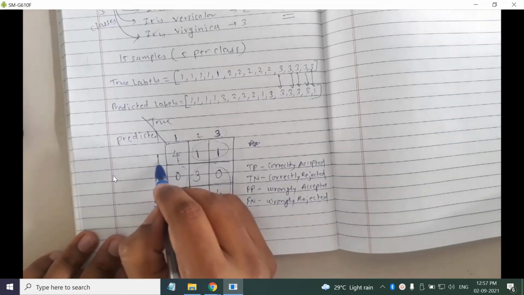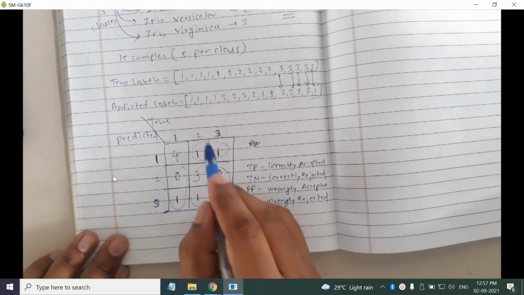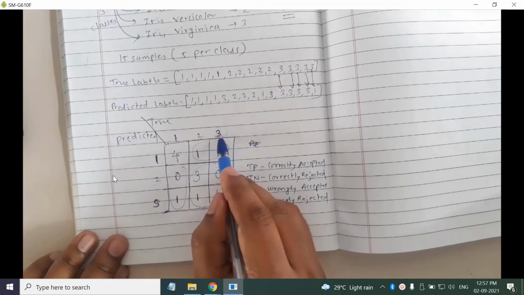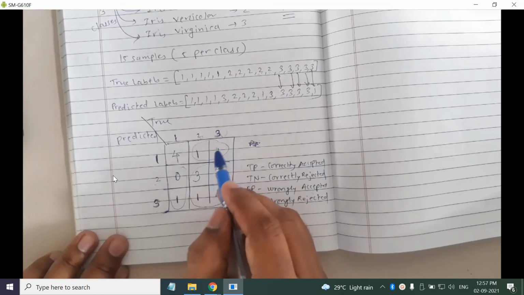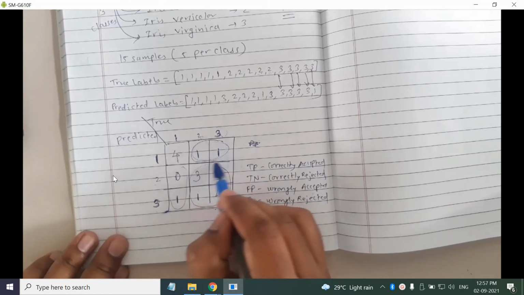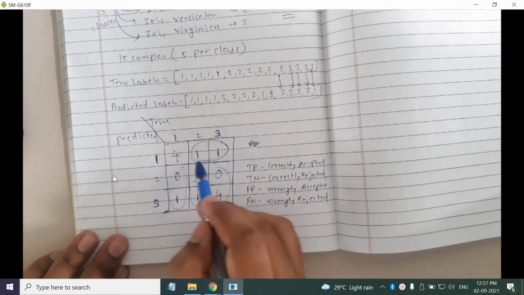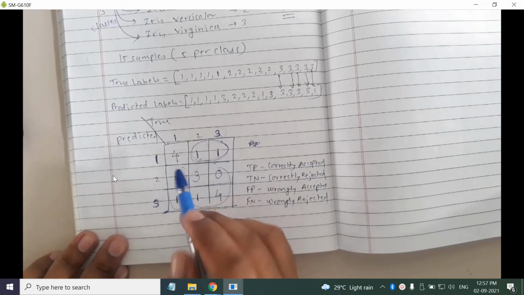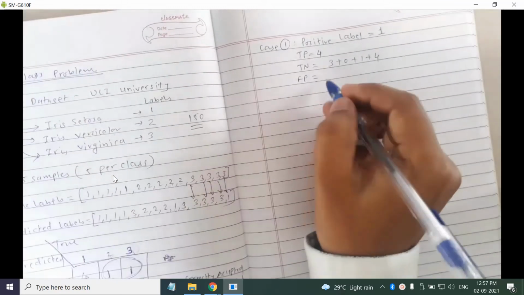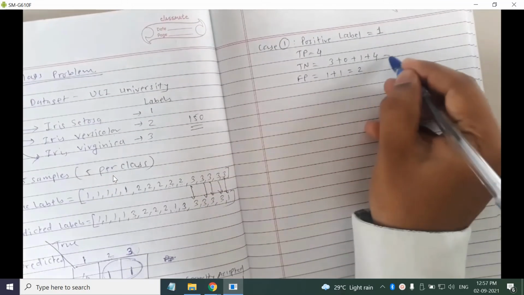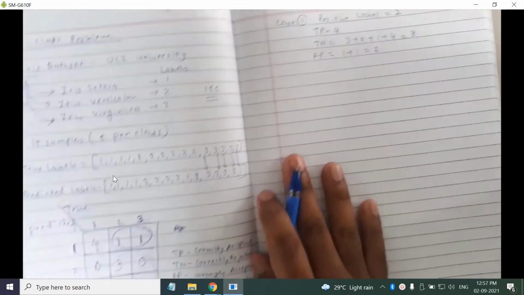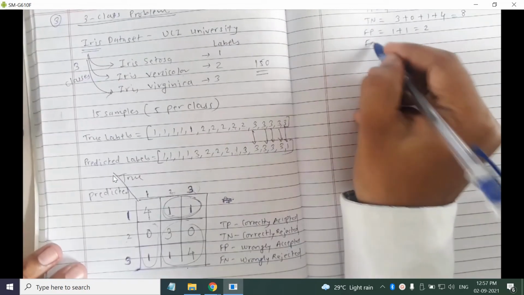Okay, we are interested in one label, right? Label 1. Now 2 and 3 are negative in this case, right? And for these samples, our model has accepted it, right? So the summation of these two values will be FP, 1 plus 1, that is 2. And false negative, wrongly rejected.